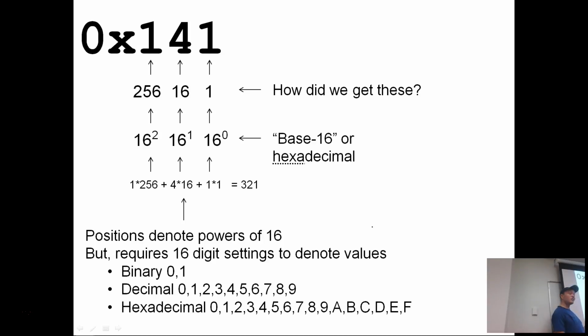Base 16 needs 16 digits. So when we run out of numbers, we start using letters. A is 10, B is 11, C is 12, 13, 14, 15. But we're going to use those as single letters in our hexadecimal format.